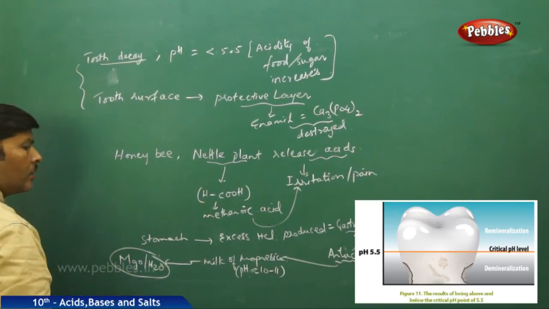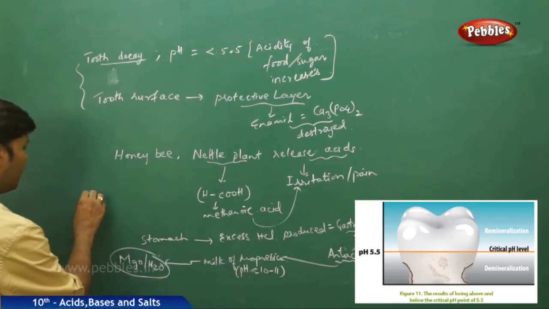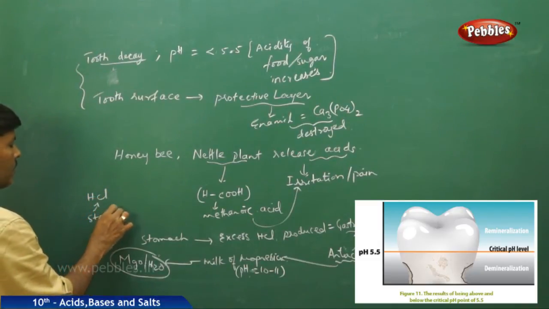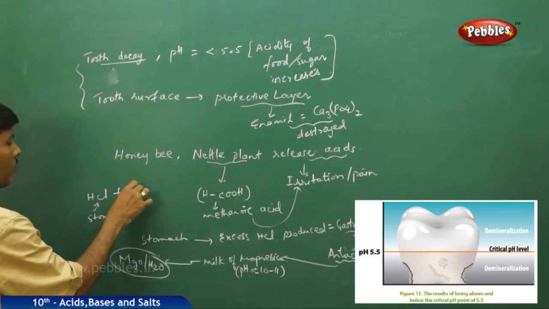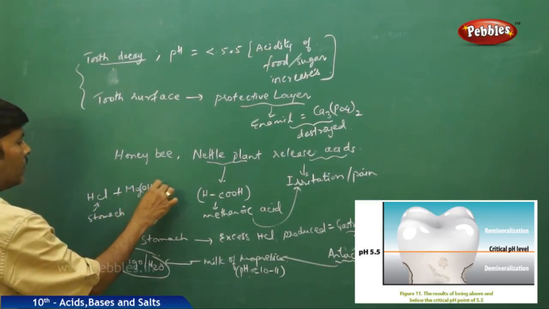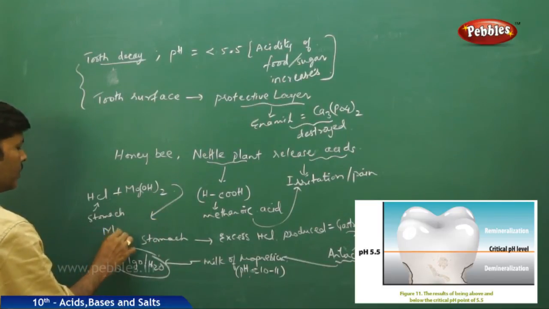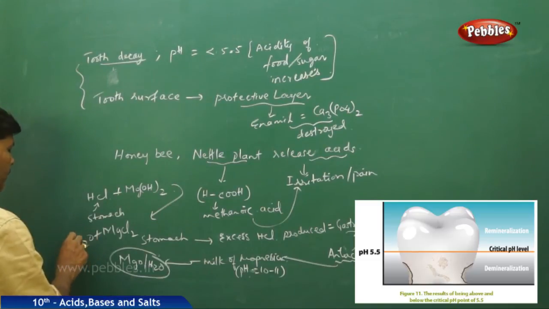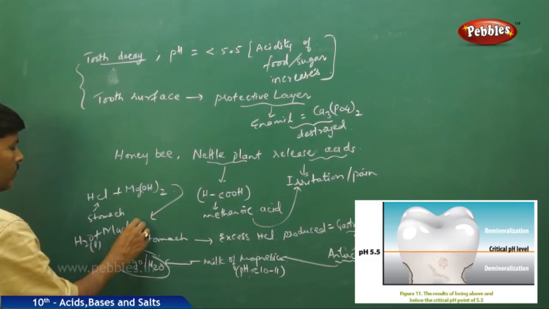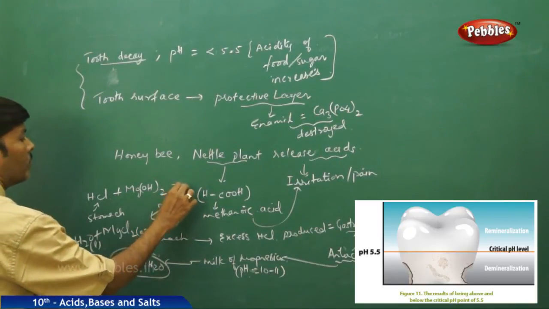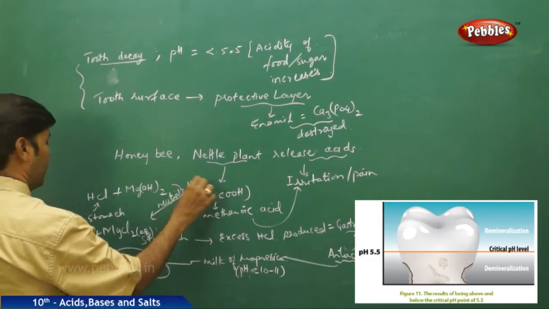This magnesium hydroxide attacks the HCl present in the stomach and neutralizes it, giving magnesium chloride salt plus a sufficient amount of water. This is called a neutralization reaction.